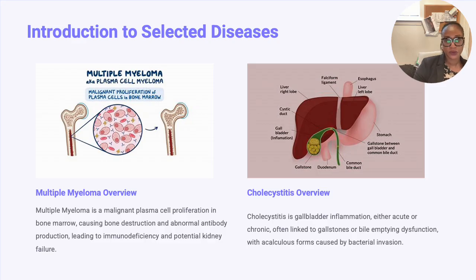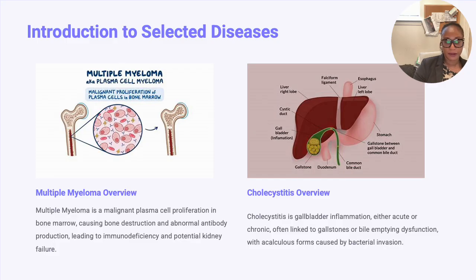So just to then continue with the introduction to the selected disease, multiple myeloma. As you look at the images on the screen, you see the shape of the bone, bone marrow, the malignant proliferation of the plasma cells.